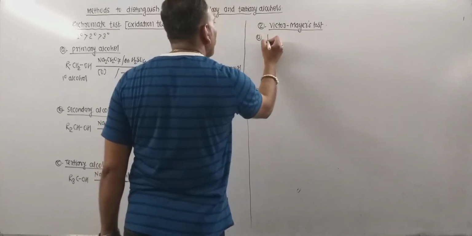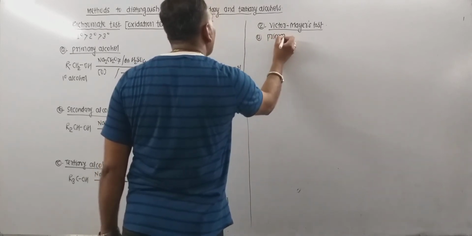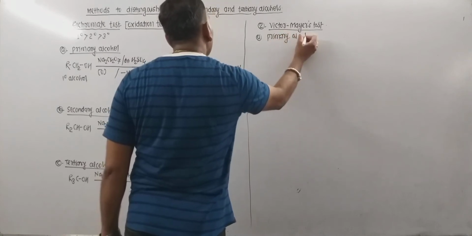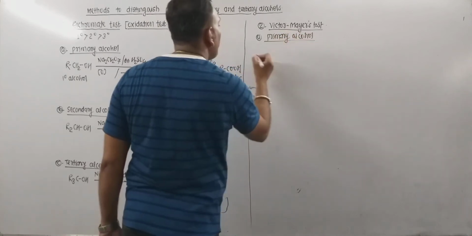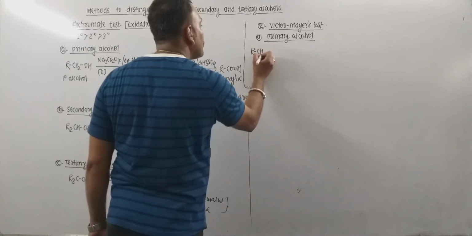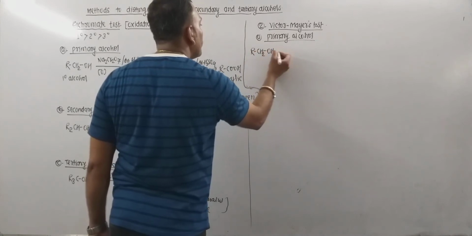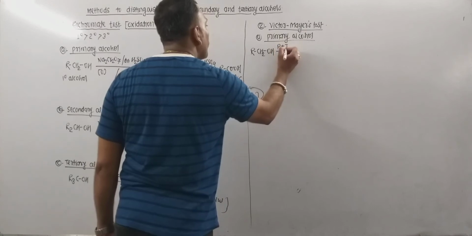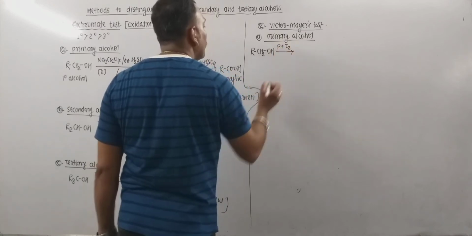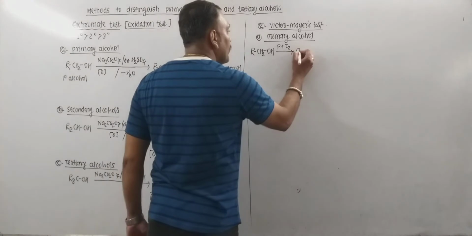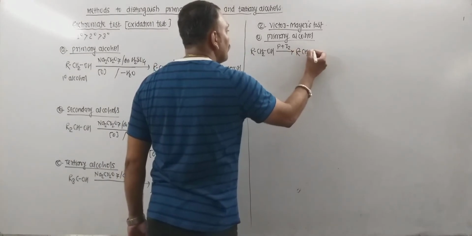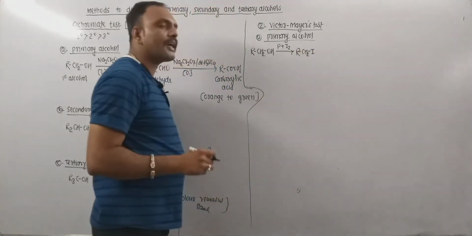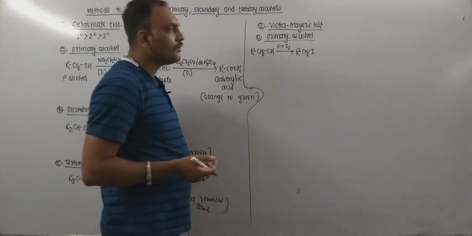So first of all, what happens with the primary alcohols? Now remember, primary alcohols can be represented as RCH2OH. So when we treat this primary alcohol with the mixture of red phosphorus and iodine, then we receive the alkyl iodide, I mean the alcohol gets converted into alkyl iodide.